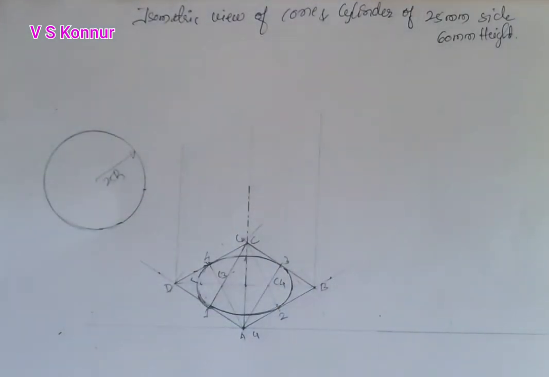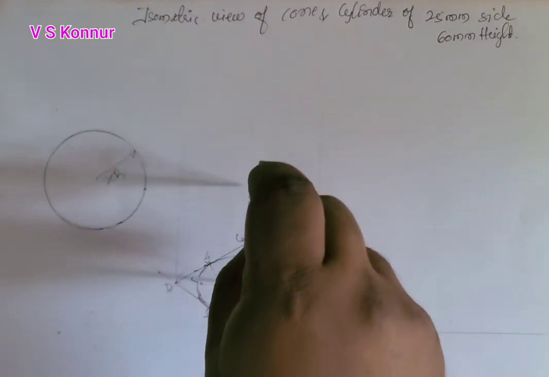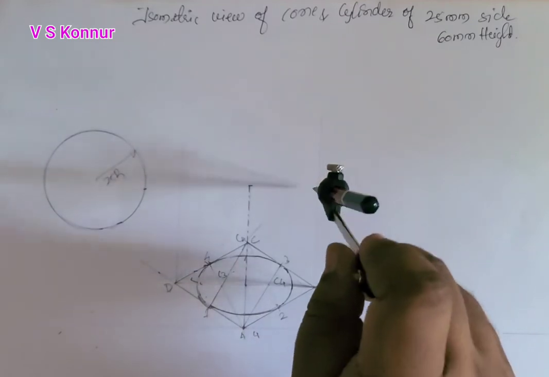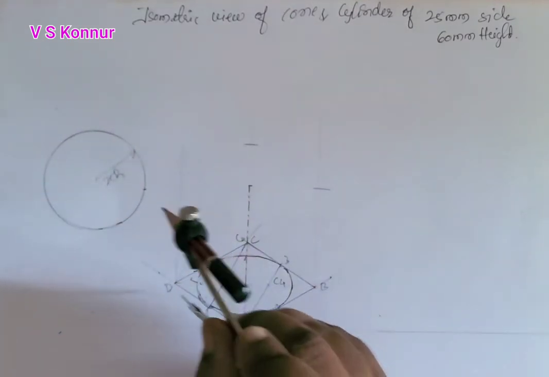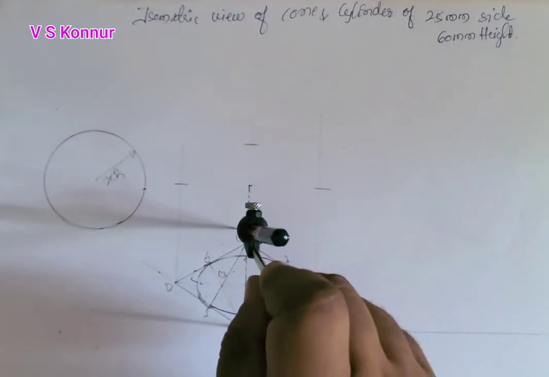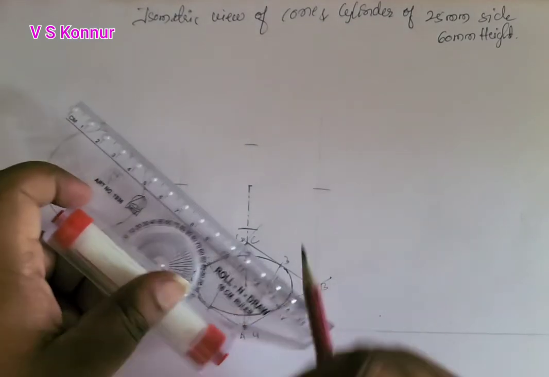Now we'll cut with the same height, that is 50 millimeter, from the divider, from all the corners. So once again we have to join all these points.